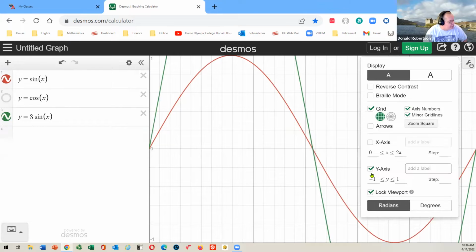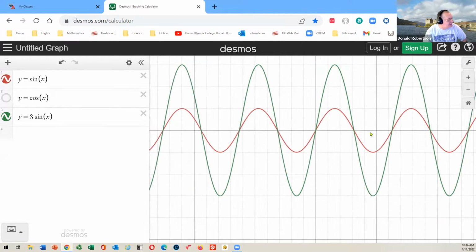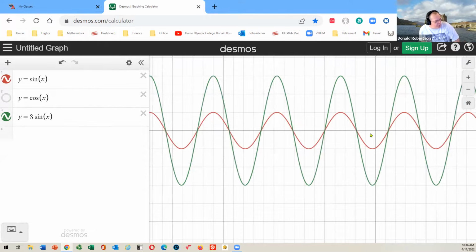So I'm going to change that axis, keep that one. Let's just make them all vary right there. Can you see what a 3 sin x does compared to a single sin x? Isn't it the same shape, but it just goes up to 3 and down to -3? Do you see that movement?